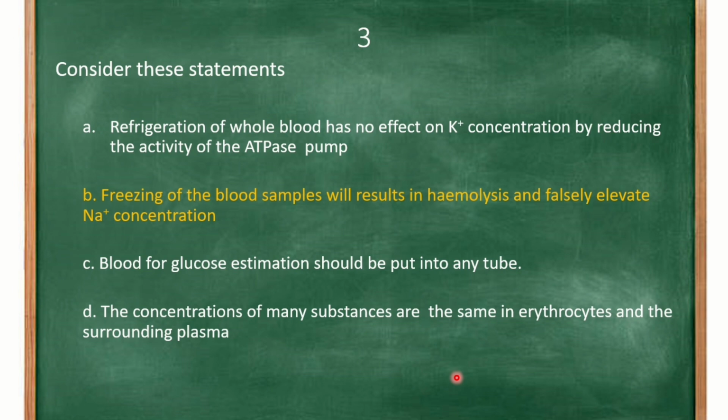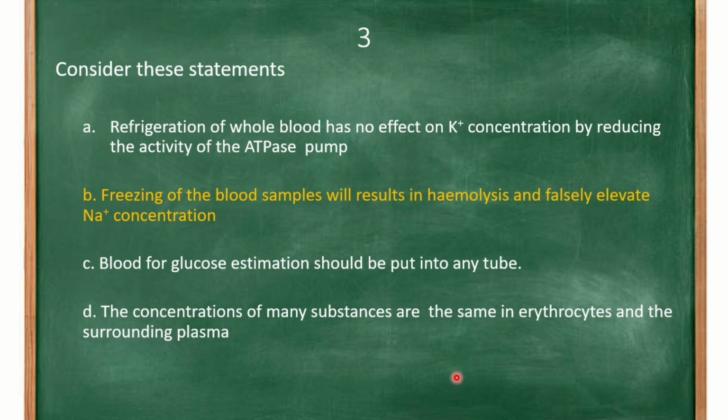Okay, it says that C, blood for glucose estimation should be put in any tube. So this statement is false. Blood for measuring glucose should be put in a fluoride tube, which can prevent coagulation and also preserve the glucose from being used by glycolysis.